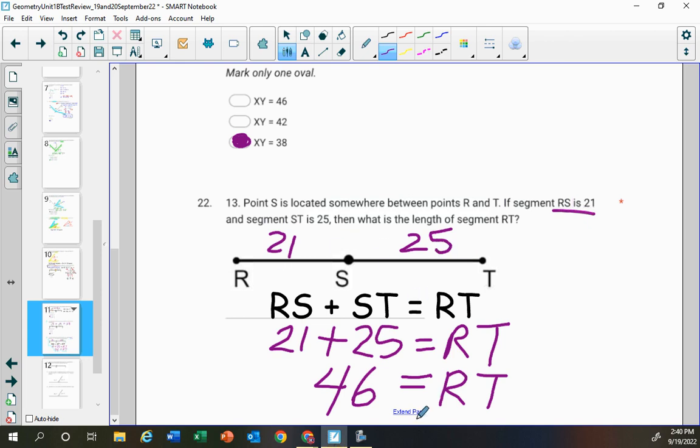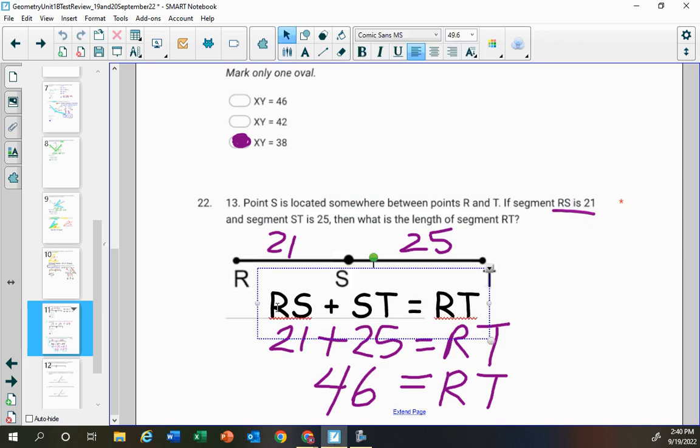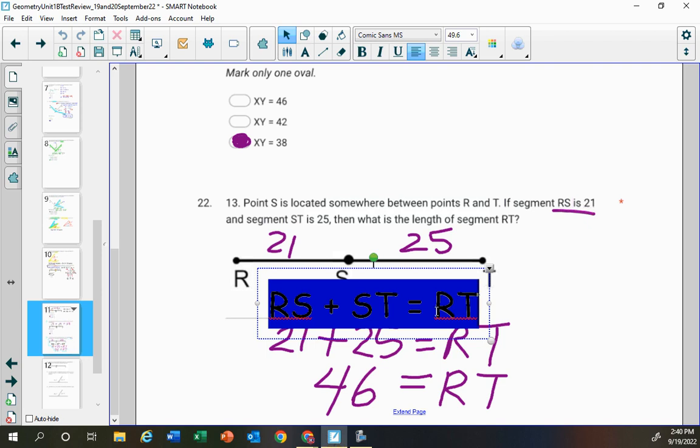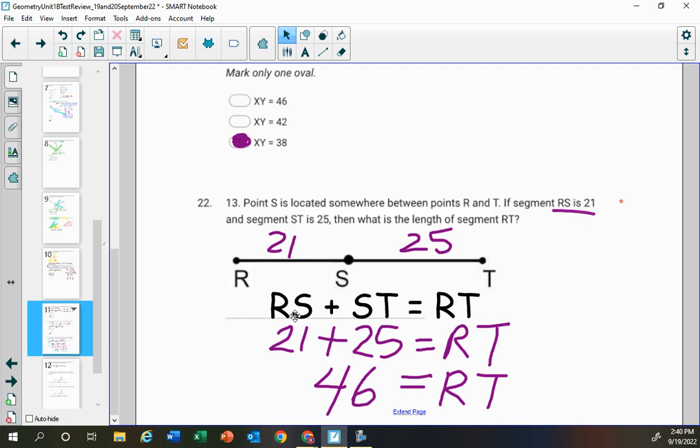However, on the next one, were you given the little pieces, or do you need to find a little piece? You need to find the little piece. So on the next one, when in doubt, always write it out.